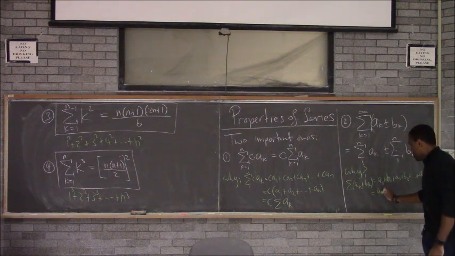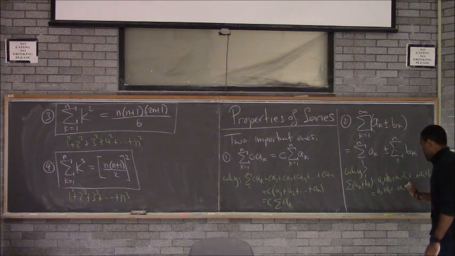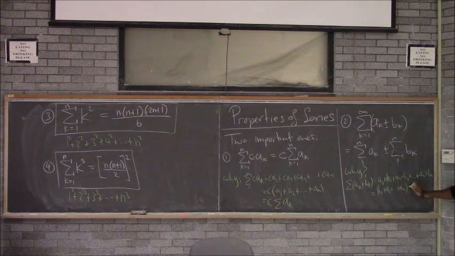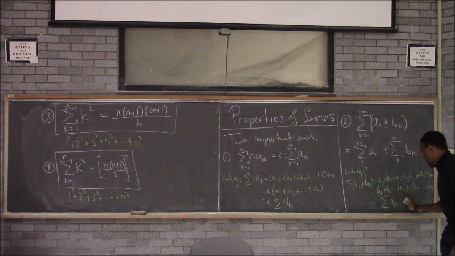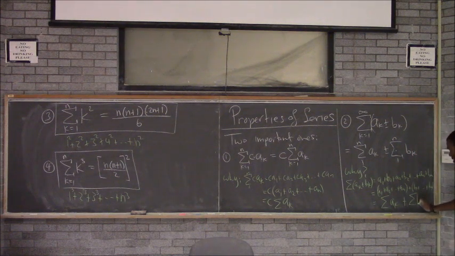We know that with addition we don't care about the order. So I could decide to add the a's first and then rearrange so that I add the b's second. But this just means the sum of a_k plus the sum of b_k. So a series will distribute across a sum.